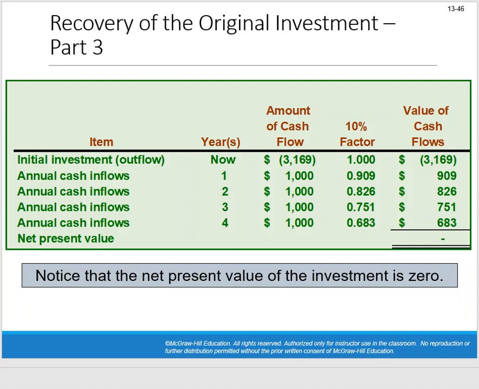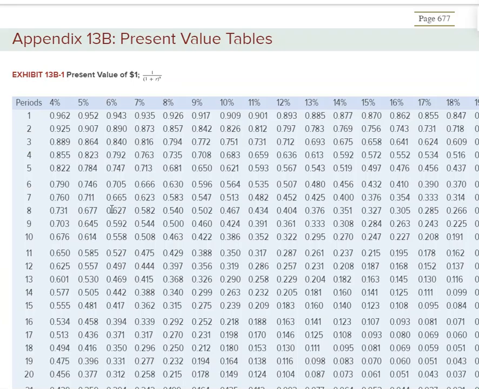So let me go over to the textbook. I mean, we can do it that way. It's just not a good use of our time. So in the 10% column, and they're looking at 4 years. So year 1 was 0.909, 0.826, 0.751, and 0.683. Can you add those up for me?